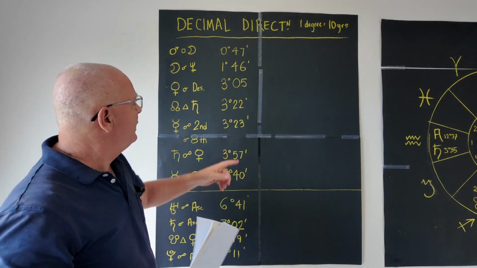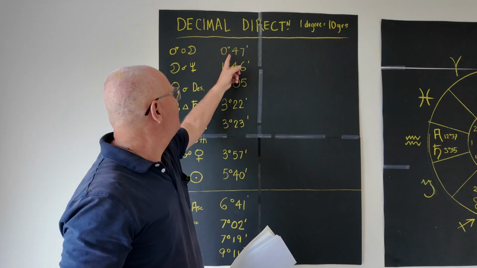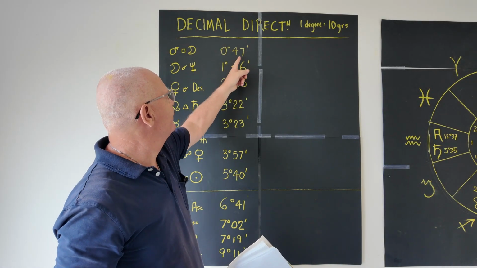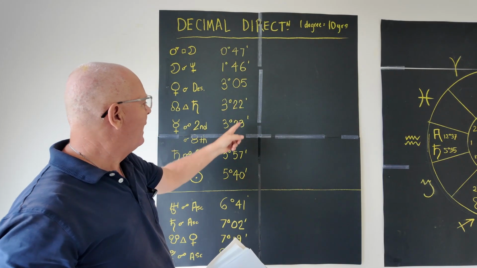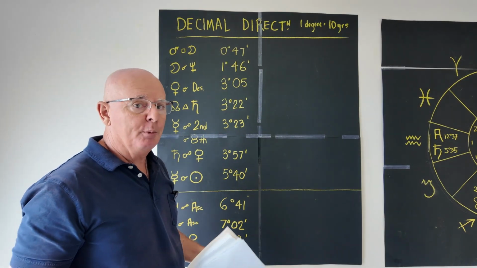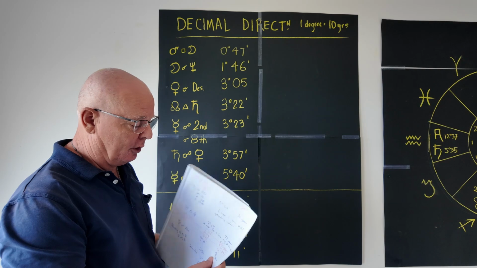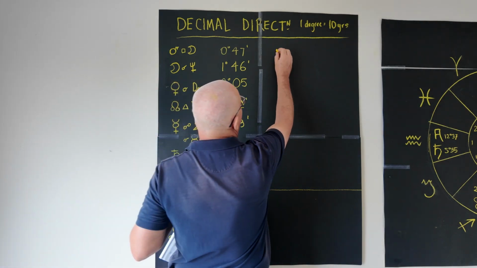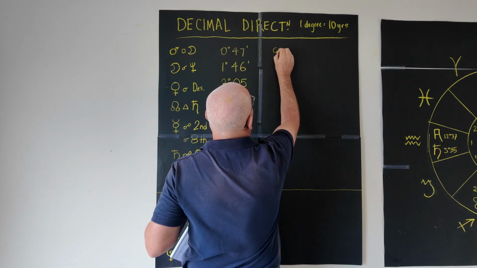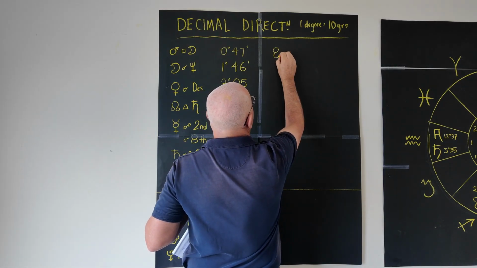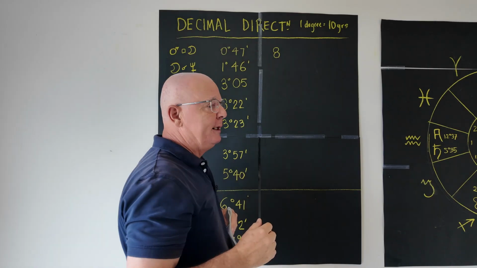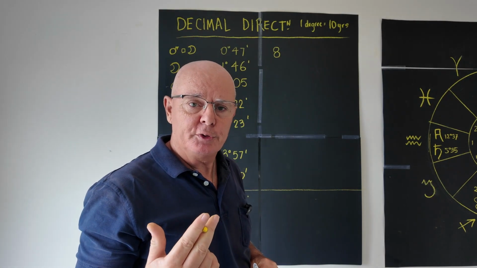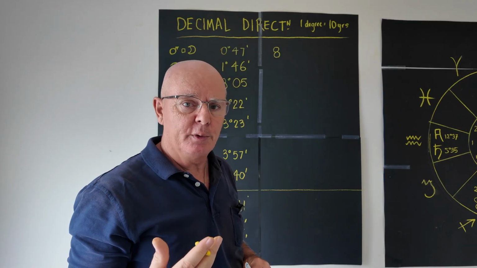So now we're going to make a column, and we're going to use 1 degree equals 10 years. And so each of these orbs becomes a time of life. And these go like this. First one is 8. So bear in mind, if 1 degree equals 10 years, 1 year corresponds to 6 minutes of arc.